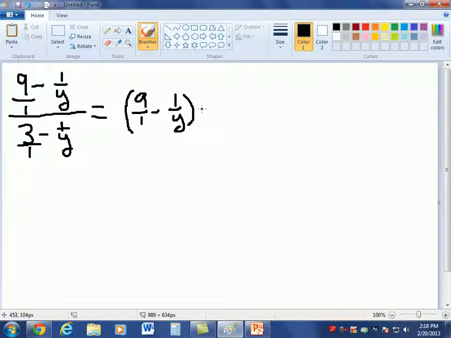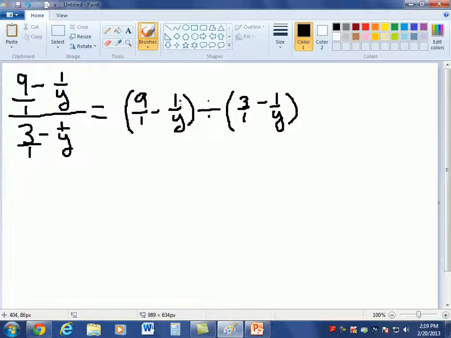What should I write next? Divided by, because this symbol means group and divide. 3 over 1 minus 1 over y. So we've grouped and divided, okay?